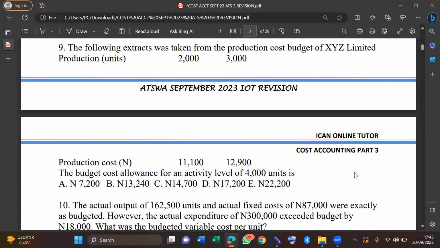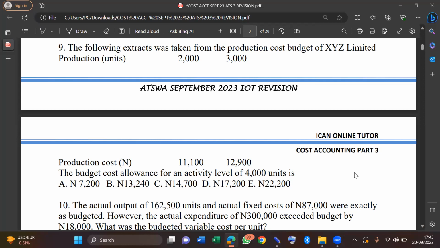What method have you used? That's subtracting the production cost of the 2,000 and 3,000.